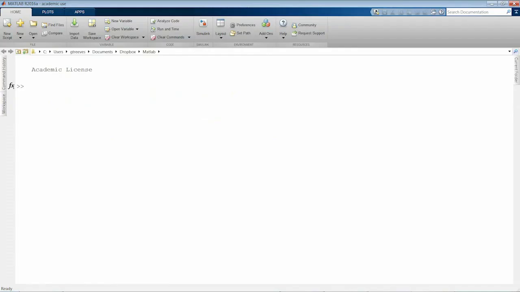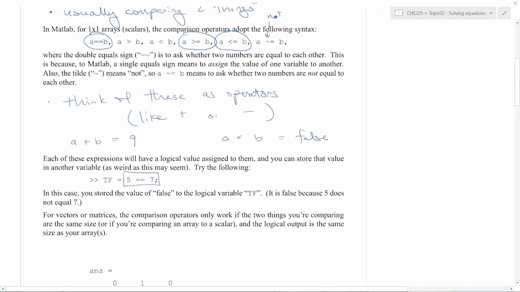So I can just go over to Matlab, and I can say TF equals 5 equals equals 7. And it tells me, no, the value of TF is 0. TF for like true false. So the value of this variable is 0.